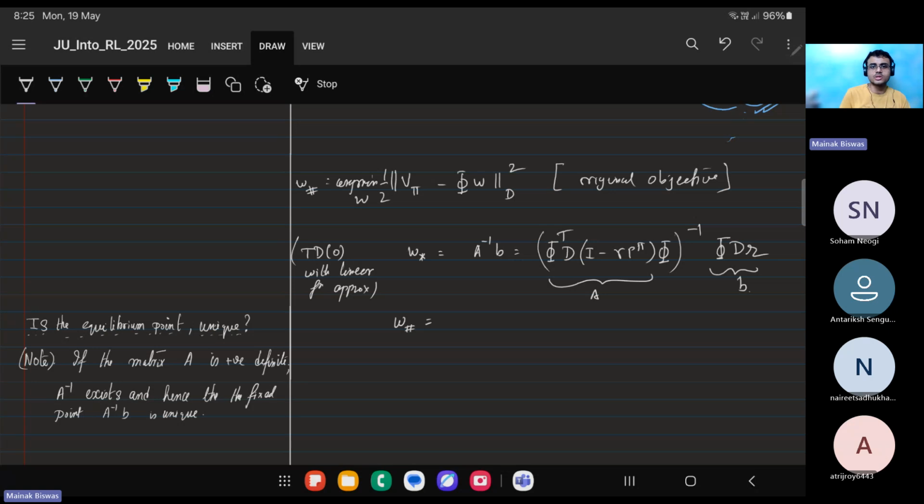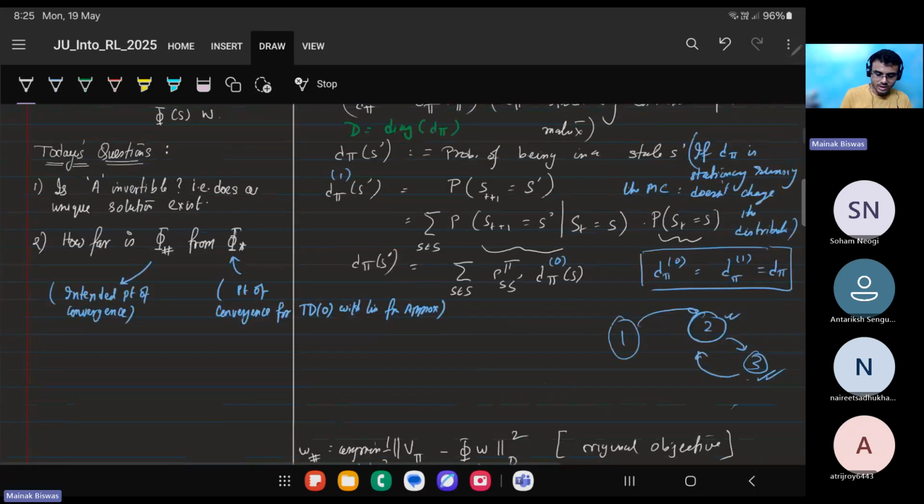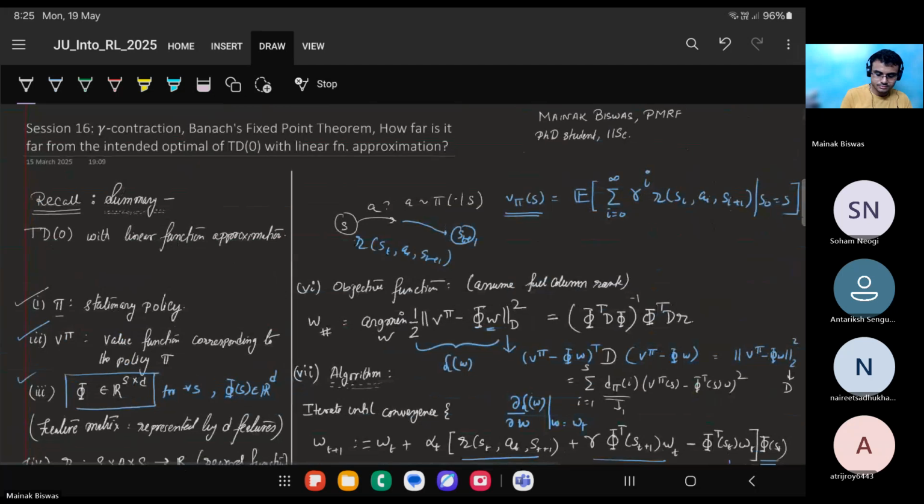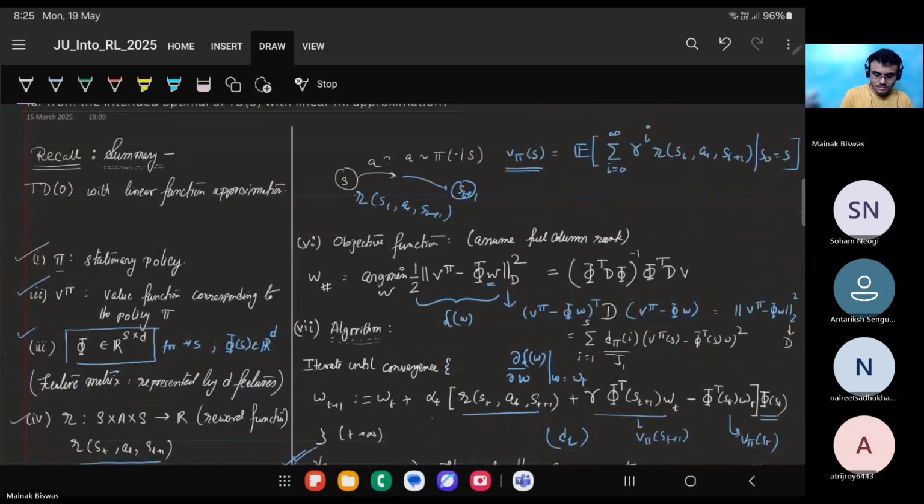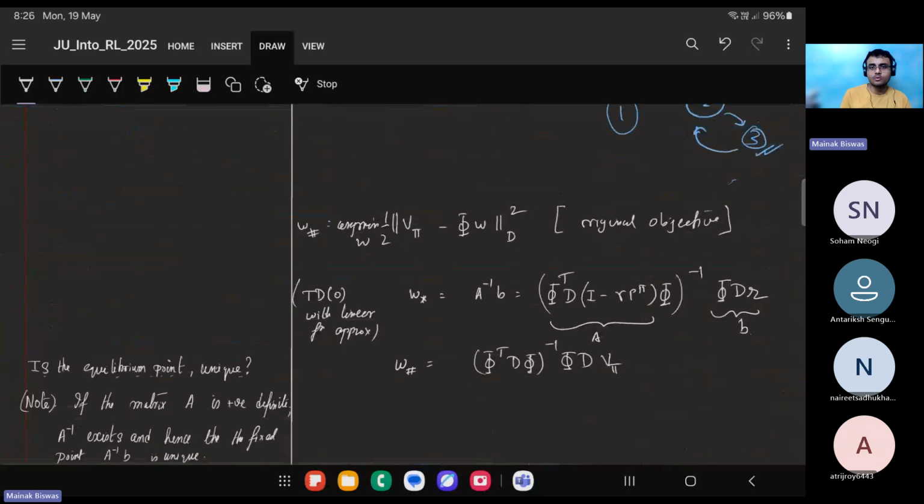We took the derivative and set it to 0. Then W hash was phi transpose D phi inverse phi transpose D V pi. Yes or no? I wrote it down here as well. So how did we find this out? Do you remember? Do you want me to do this again?